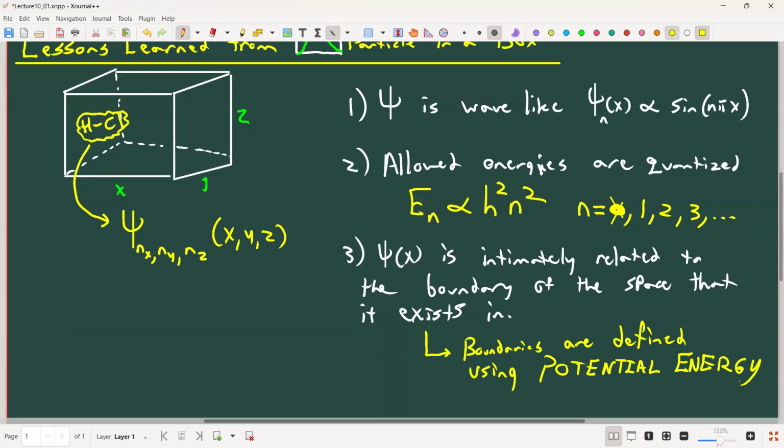So we think about the potential energy as a way to define where the space of motion can be. And we saw that in the particle in the box for energy. The particle in the box is the simplest idea, where the potential energy is infinite outside the box and zero inside. That's the simplest thing we can come up with. What if, for instance, that boundary is somewhat squishy?